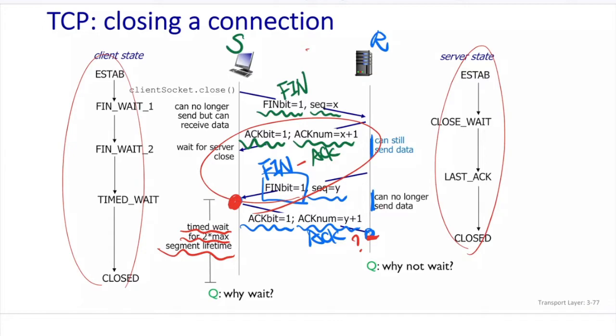So here we have a very strange mechanism: when the client sends the last ACK out, it has to wait 2 maximum segment lifetimes. It cannot directly close the socket. It has to wait, because what if this ACK does not arrive at R?